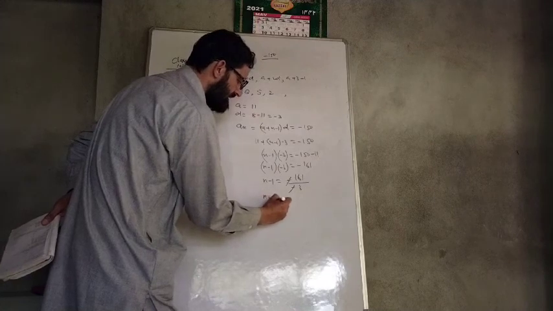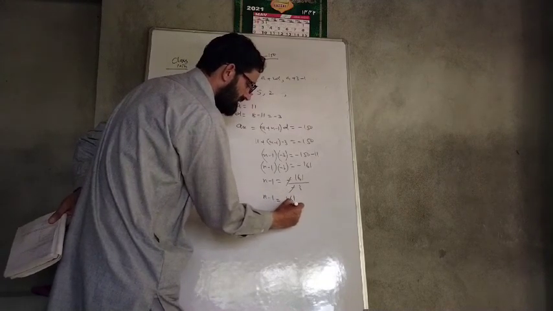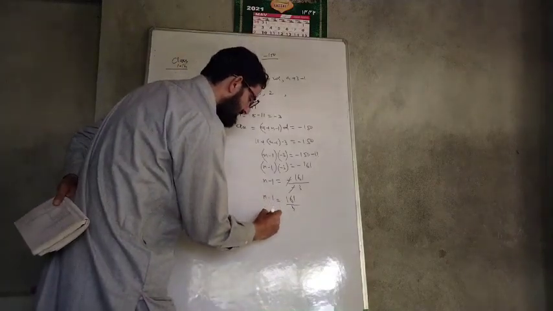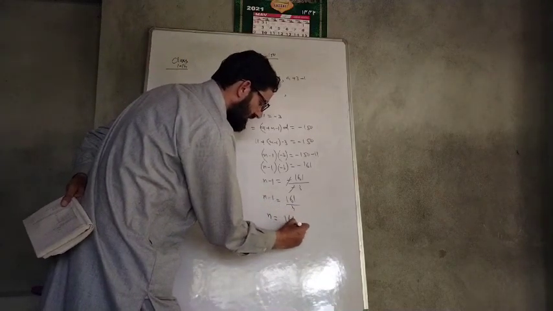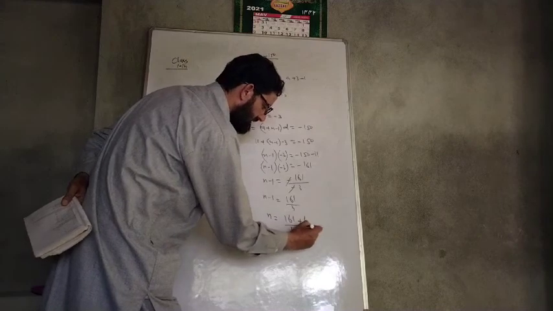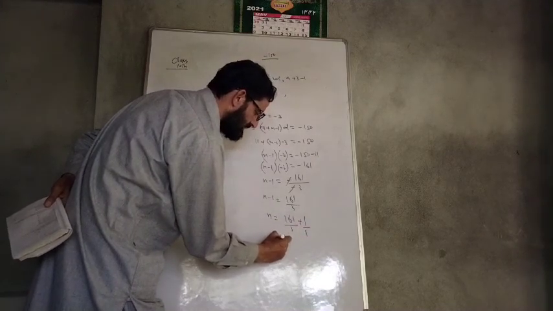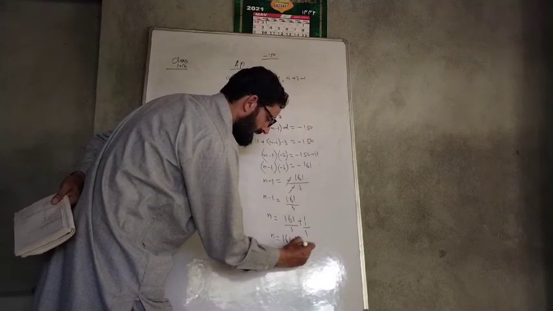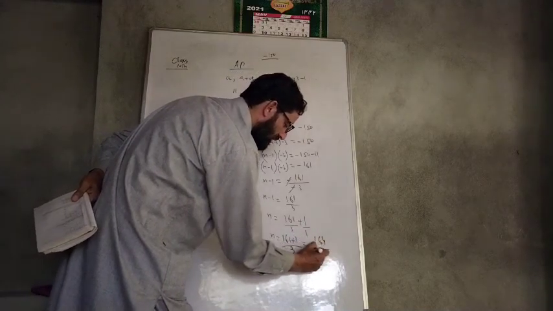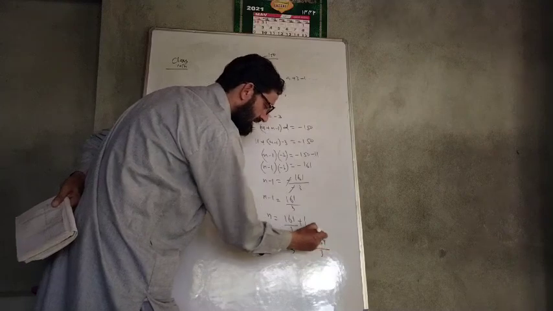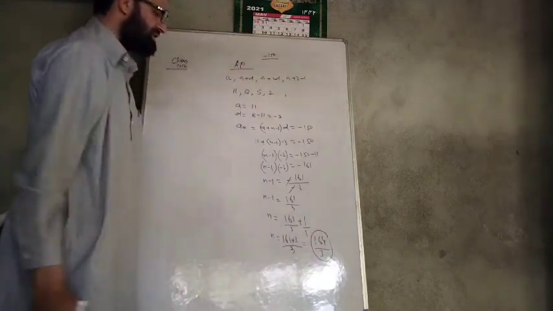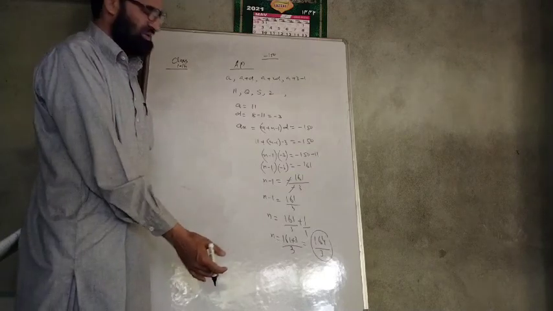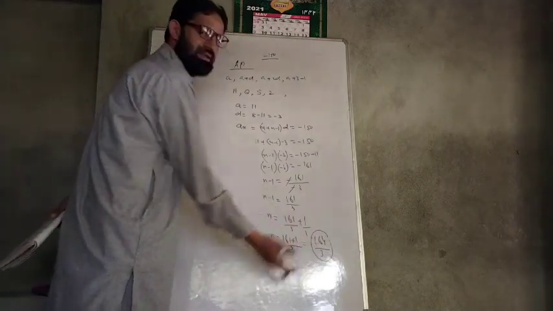So n minus 1 is equal to 161 divided by 3. So n is equal to 161 divided by 3 plus 1, that is 161 plus 3 divided by 3, so this is 164 divided by 3. Now this 164 divided by 3 is not a natural number, so this cannot be a term of the AP.